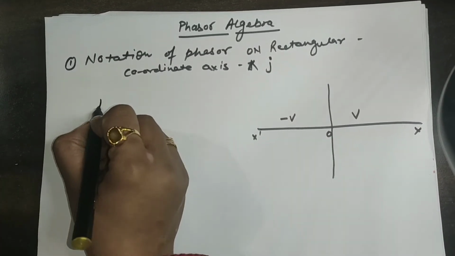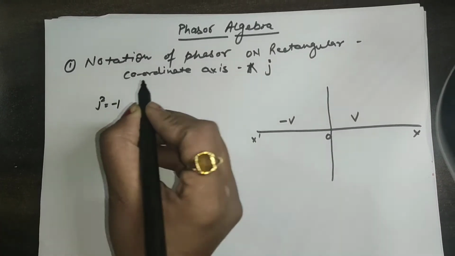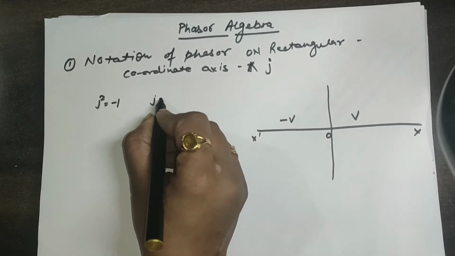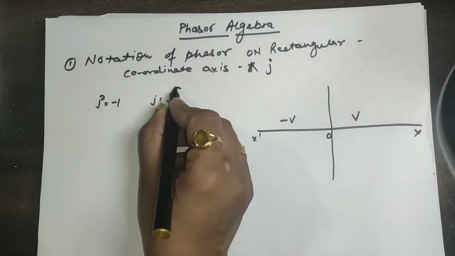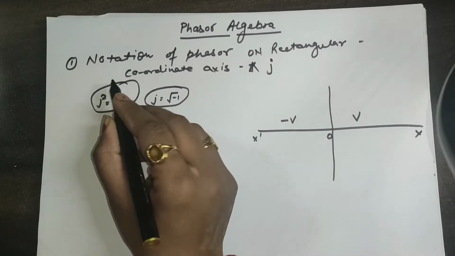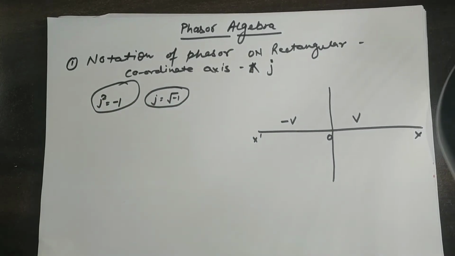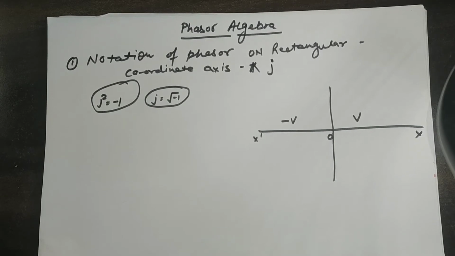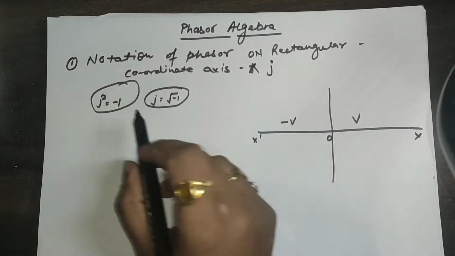Therefore j square equals -1, so j equals the square root of -1. Please keep this value in mind. It is a very important term for phasor algebra.